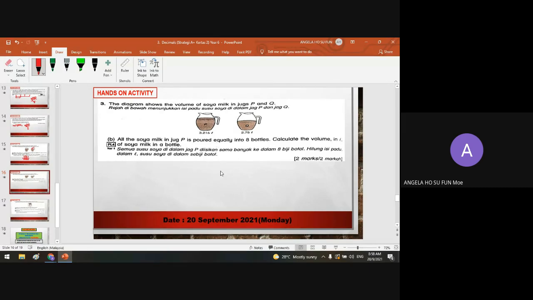The amount of soya milk here, pour equally into 8 bottles. 1, 2, 3, 4, 5, 6, 7, 8 bottles. So 1 bottle contains how much soya milk? What operation do you use?